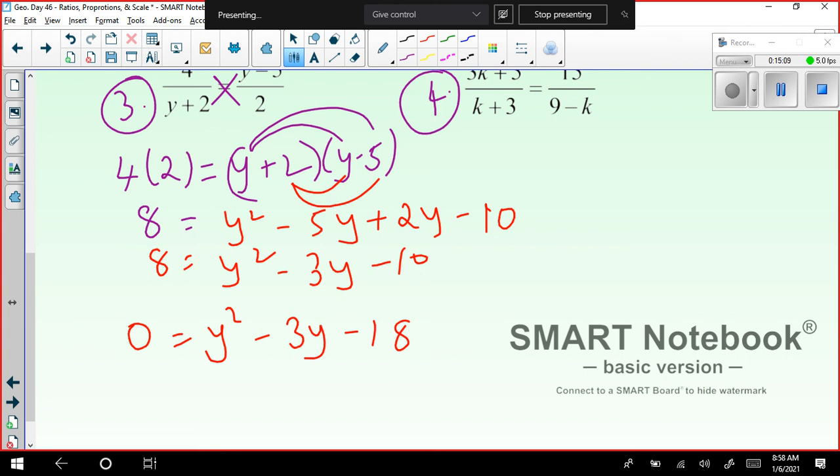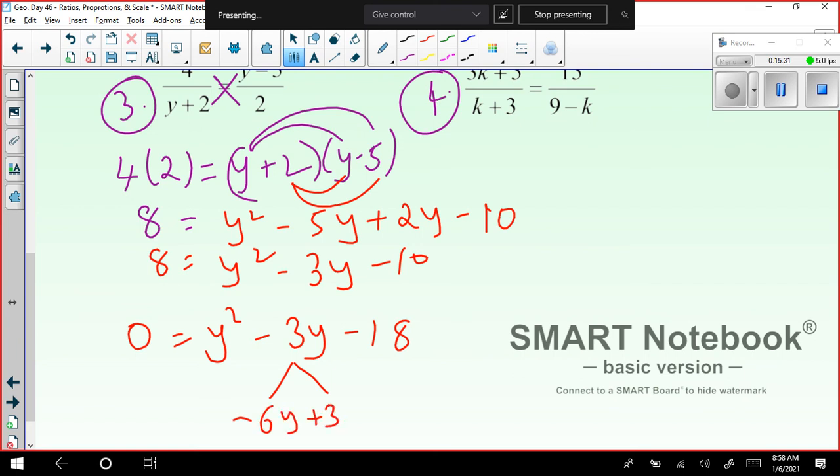We have different methods by which we can get the value of y. One method is the quadratic formula. The other one is the factoring method. Using the factoring method, I know that 6 times negative 3 is negative 18, so I can write negative 6y plus 3y.